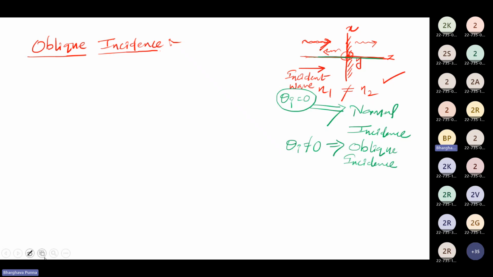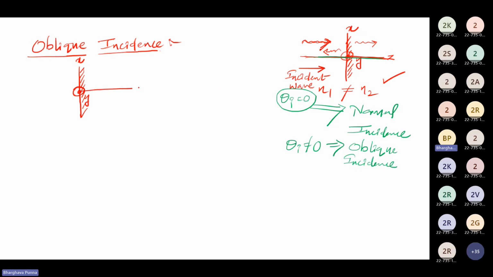How the corresponding figure will look, we have to draw like this. So this is the boundary. Again, I'm taking the xy plane as the boundary. X, and y is coming out of the screen, and z is normal to the xy plane.